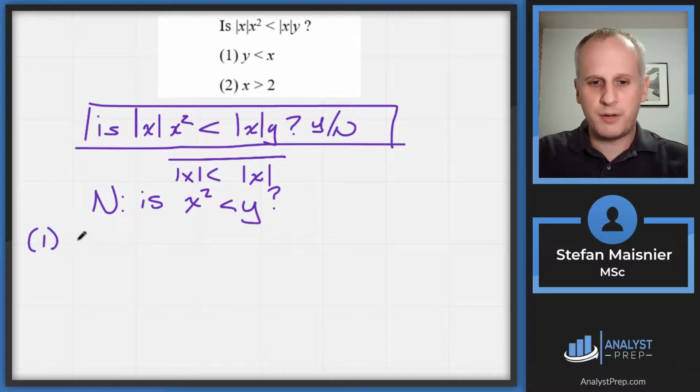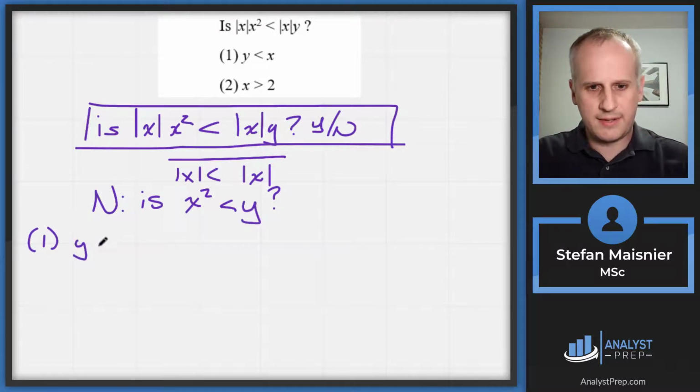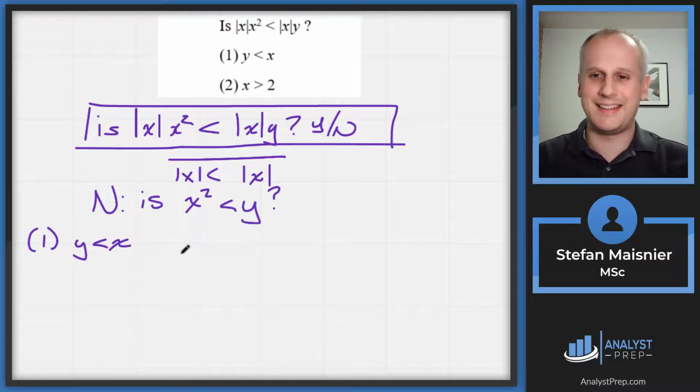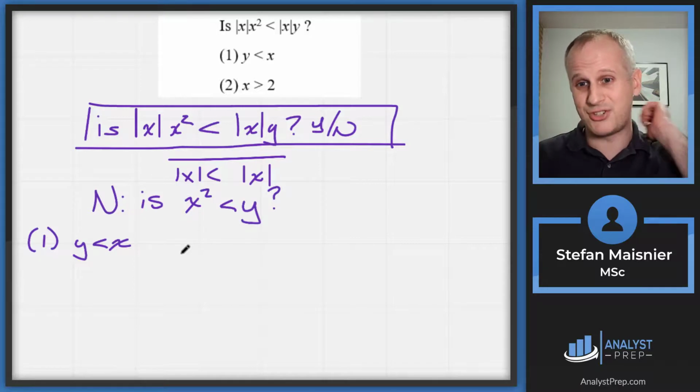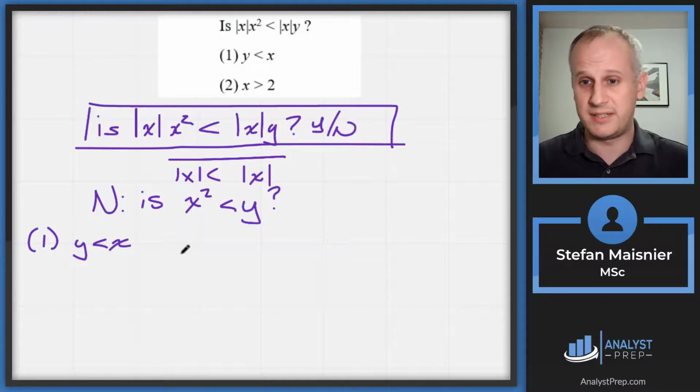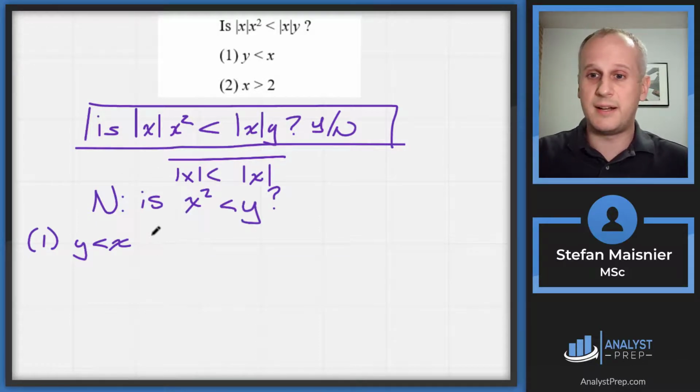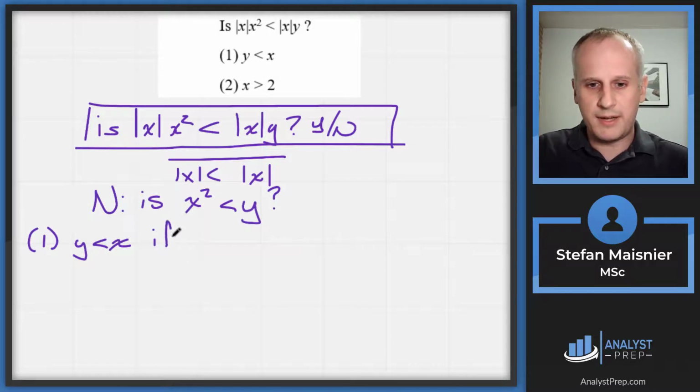So we start with just y is less than x. And again, we don't know whether these are positive or negative, and that makes managing an inequality relatively difficult because you have to flip the sign and do a lot more technical, complex manipulation. So this might indicate a possible plugging in opportunity. Let's plug in an easy value that will work for x and y.